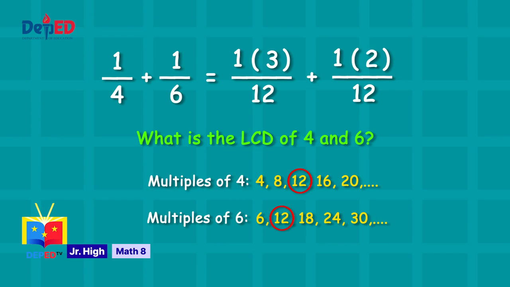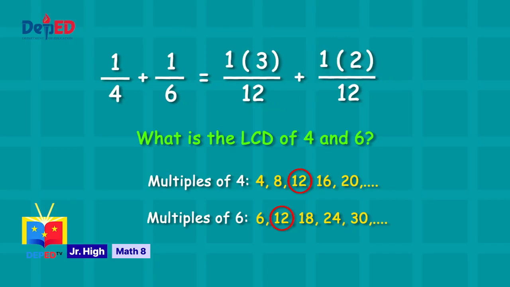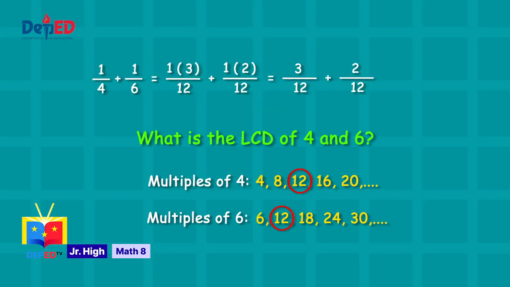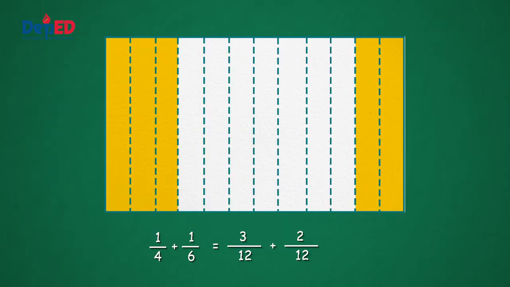This is 2. So simplifying the numerators, we will have 3 and 2. Since both are now similar fractions, we can just add the numerators and copy the common denominator. So the total part of the wall painted by Mang Samuel and Mateo is 5/12.